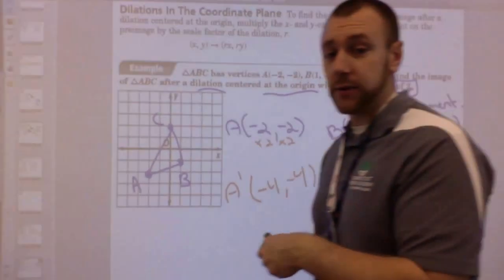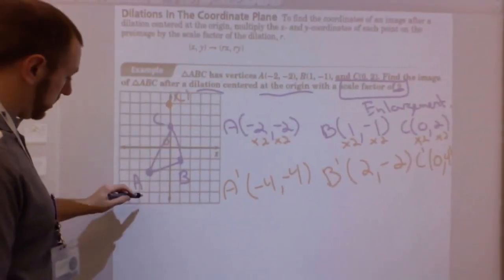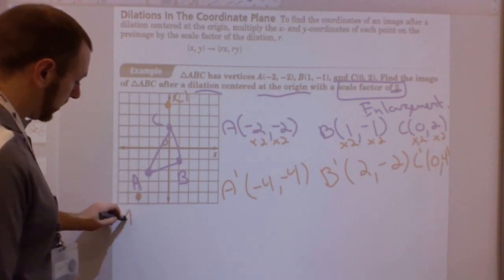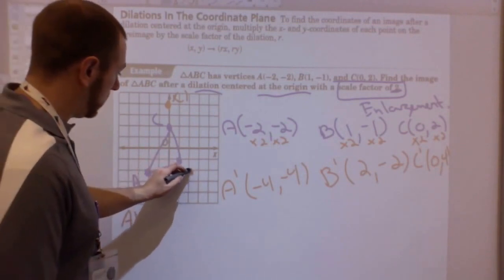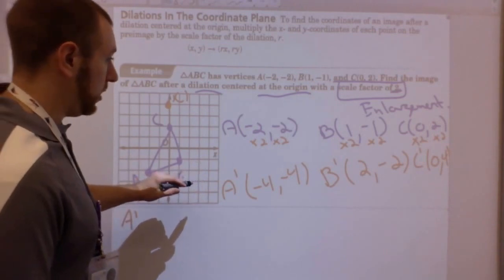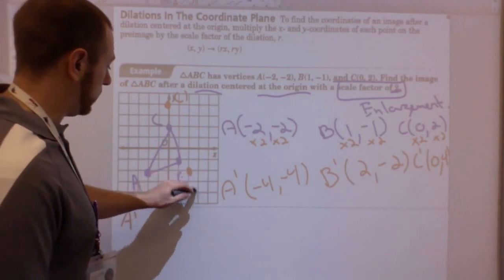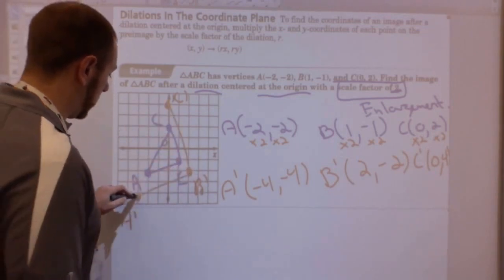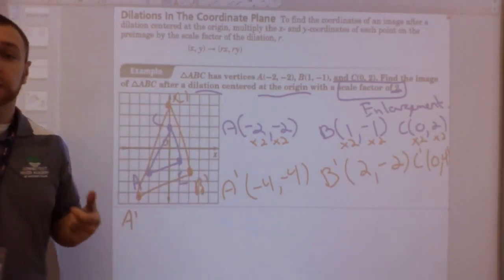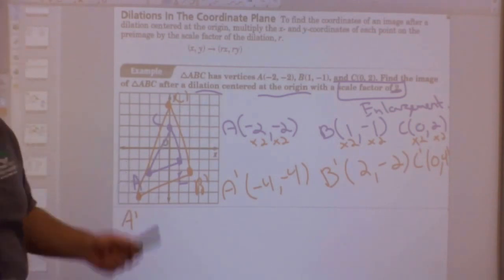Now if I plot this, 0, 4, that's my C, -4, -4, that's my A, and 2, -2, that's my B apostrophe. You see how the figure got twice as big. Now, that is an enlargement.